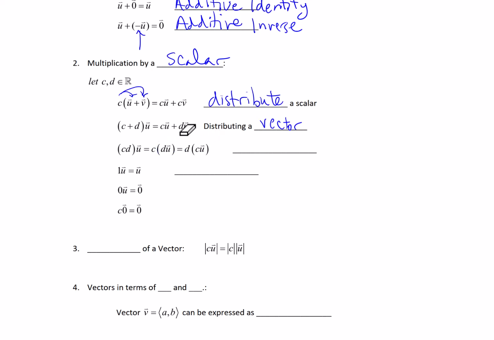The language is almost worse to listen to, but you're associating or grouping different pairs of these factors. So you're multiplying c times the product of d times vector u, or you're multiplying d times the product of c times vector u. And again, this would be similar to the associative property. You're associating or grouping just different pairs.